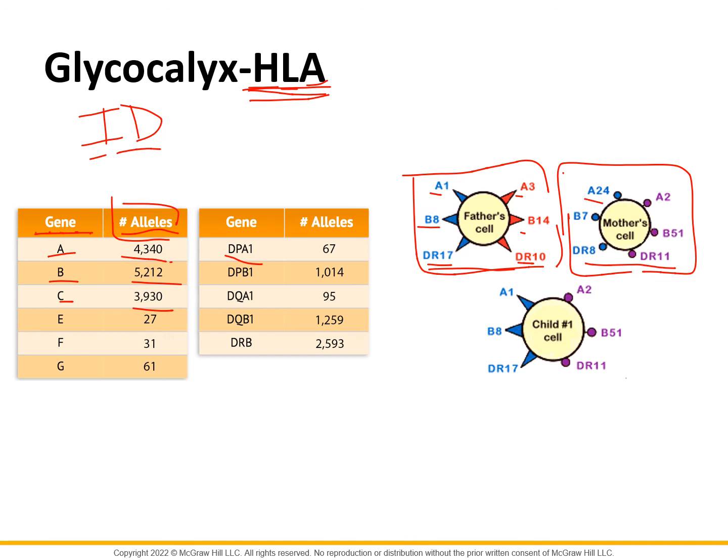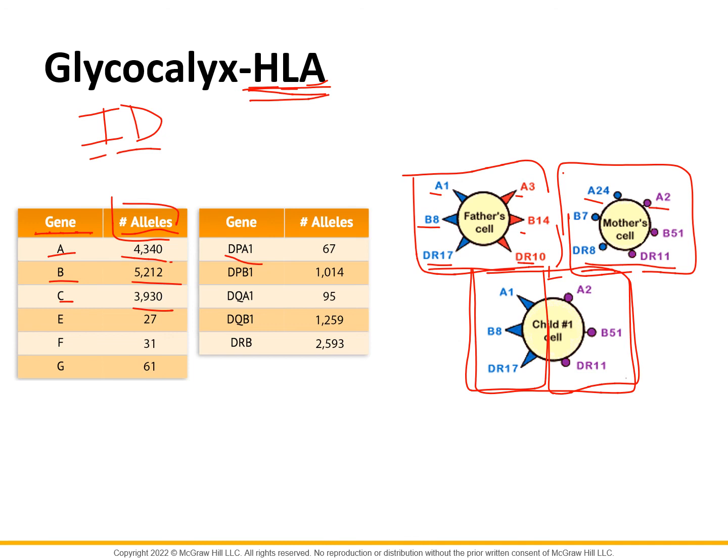She has A24 and A2, and then two different B's, two different DRs, and so on. When they produce a child, if you remember Mendelian genetics, that child gets half its genes from its father and half its genes from its mother. So it is a combination. The child's HLA is a combination of the father's and mother's.